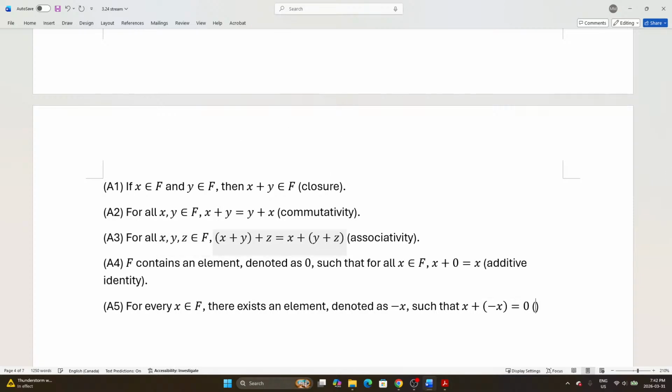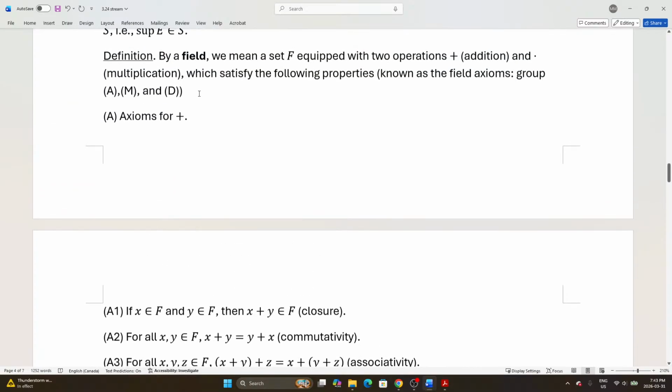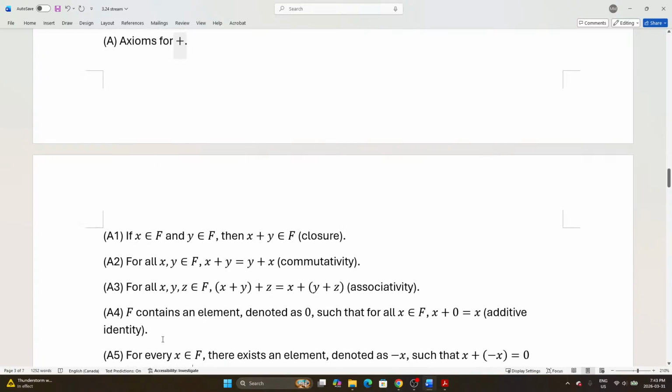This axiom is called the existence of additive inverse. We'll do the multiplication axioms later. So these are the axioms for addition.